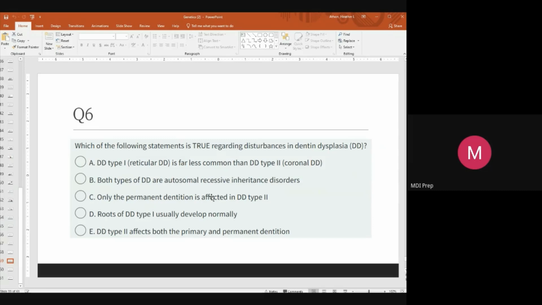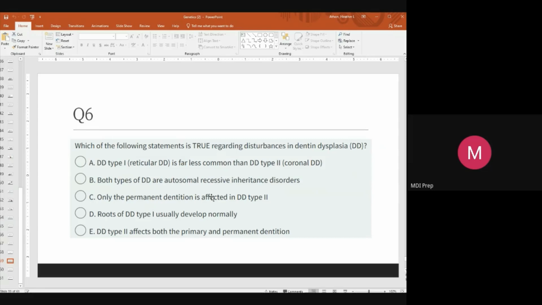For B, both types of DD are autosomal dominant. For C, both primary and permanent dentition is affected by DD. And then for D, DD type 1 is the radicular type, the one with the short fat roots. So for that one, the roots don't develop normally.